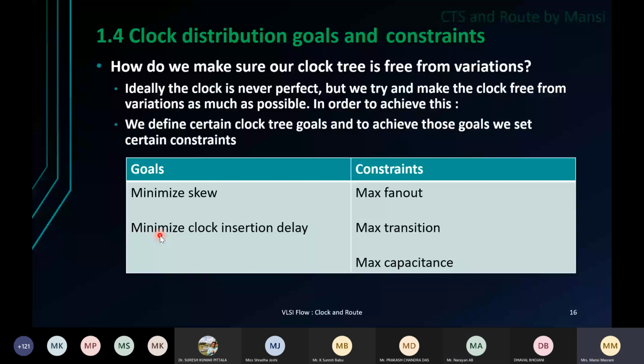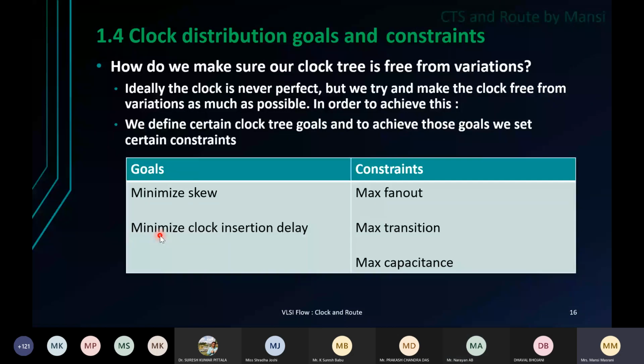Okay, you have to think about it this way. Let's say if my clock is reaching in 50 ps instead of 100 or 200 ps, will it have more buffers or less buffers? It will definitely have more buffers in that wire, right?